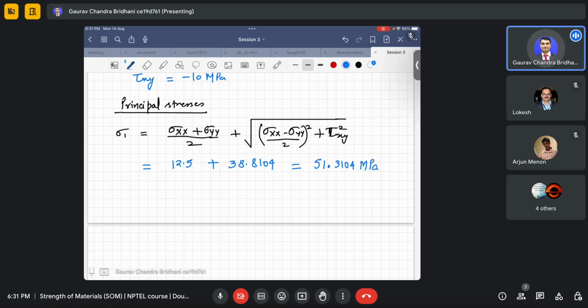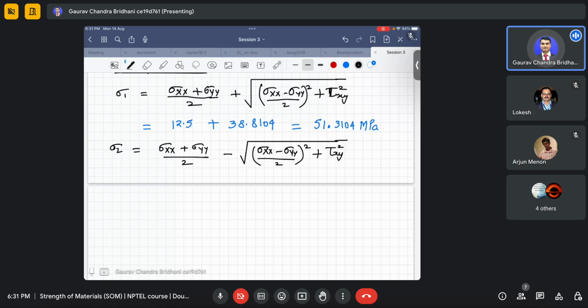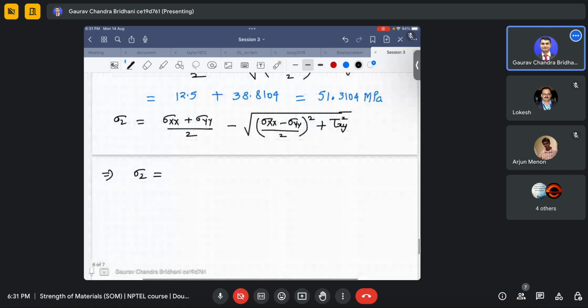Okay, that will be sigma 1, and sigma 2 will be sigma xx plus sigma yy by 2 minus square root of sigma xx minus sigma yy by 2 whole square plus tau xy square. For the case here we have plane stress, so it is easier to use these formulas to find the principal stresses.